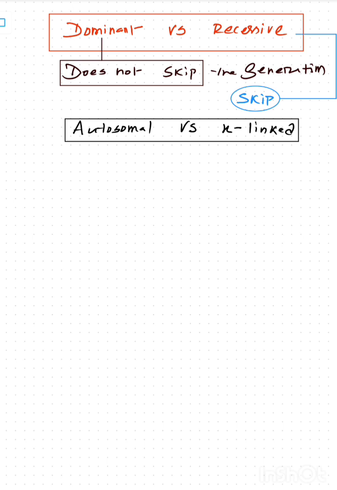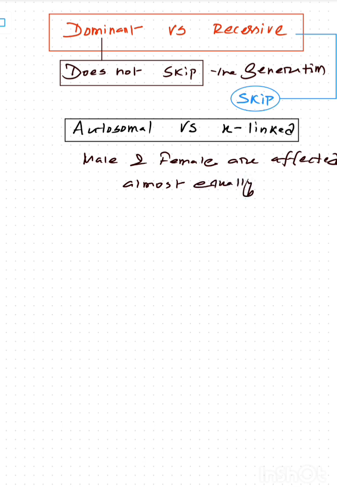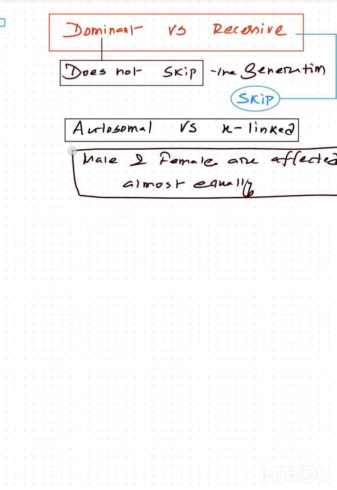Then that hard work will give you the best fruits for your life. See, autosome versus X-linked. If it is autosomal, both male and female are affected almost equally. But in case of X-linked also, males and females are affected almost equally. Clear? So if males and females are affected equally, then it comes under autosome.